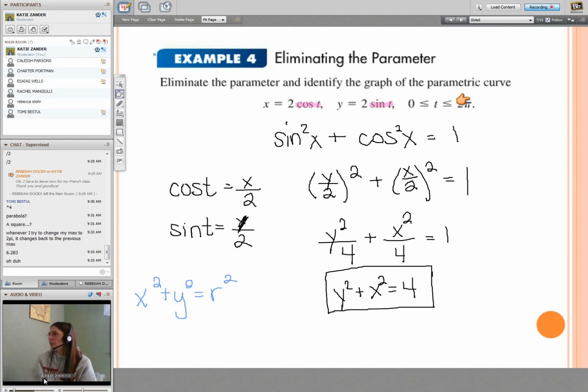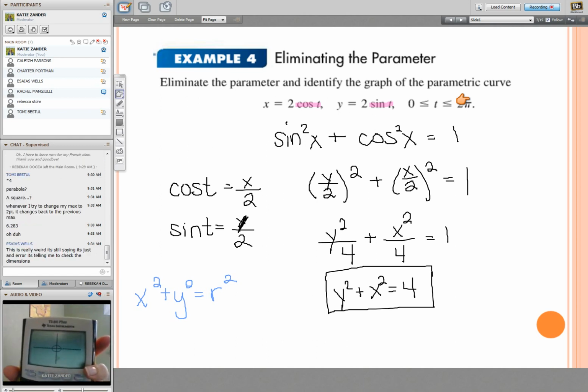All right, questions with how we got the rectangular coordinate equation there with just your x and your y, or how we verified the graph on the calculator. Isaias, did this one come out better for you? Check your dimensions.